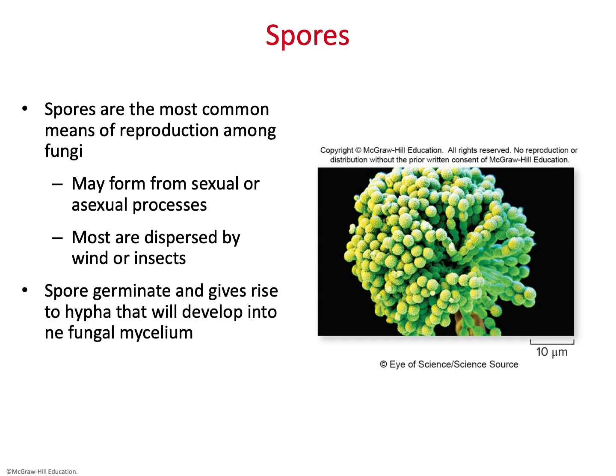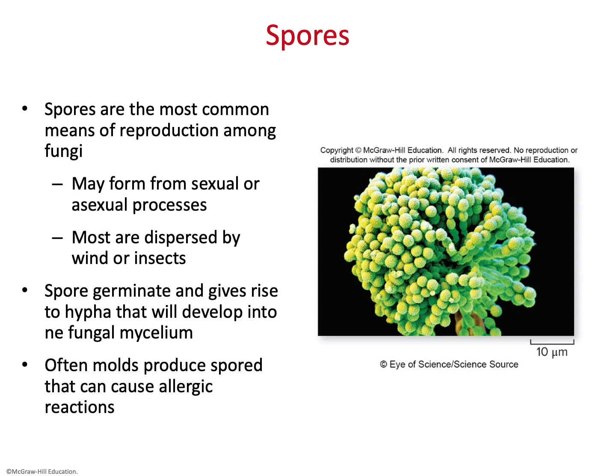When spores land in a suitable place, they germinate and give rise to a hypha that can grow into a new fungal mycelium. Few fungal hyphae retain ancestral flagella and have motile zoospores. These species have to live in wet or moist environments.